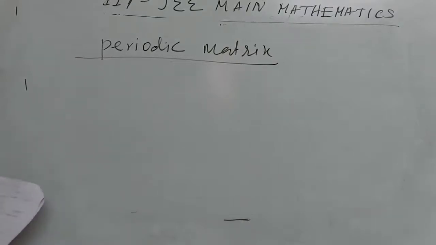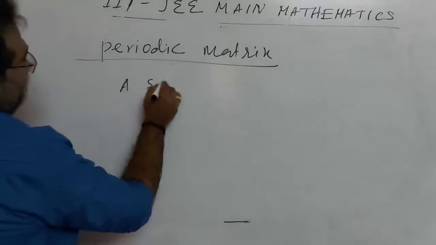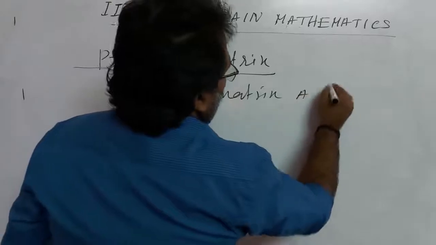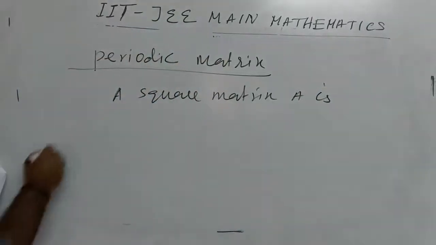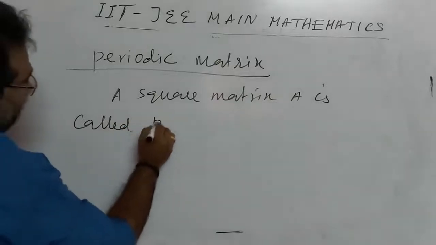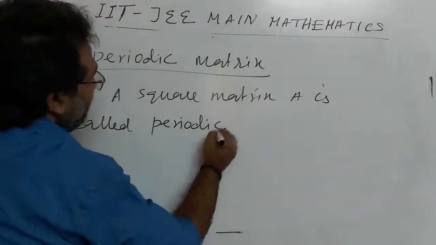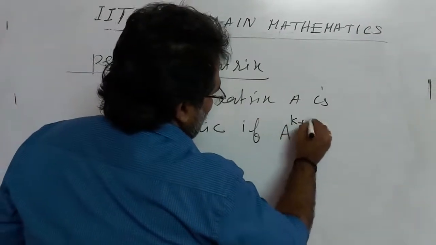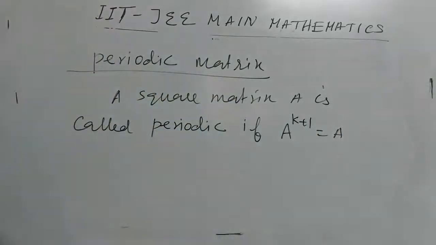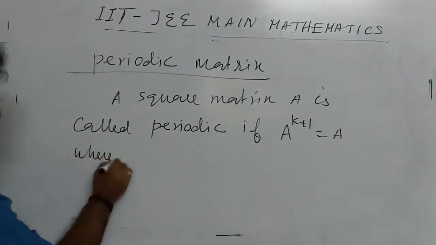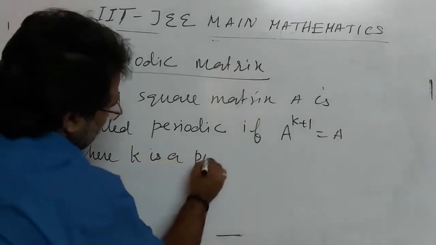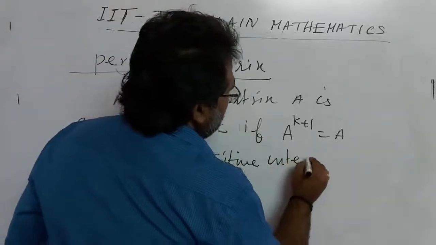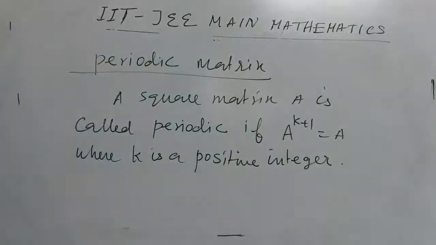Next, periodic matrix. A square matrix A is called periodic if A power k plus 1 equal to A, where k is a positive integer.